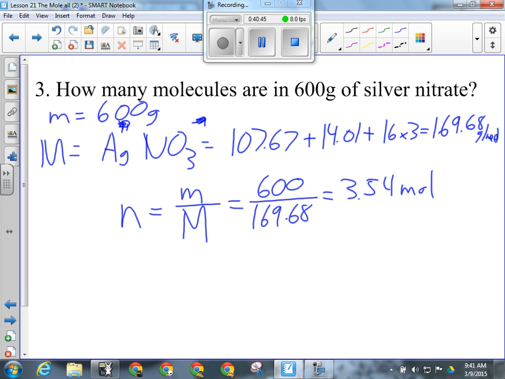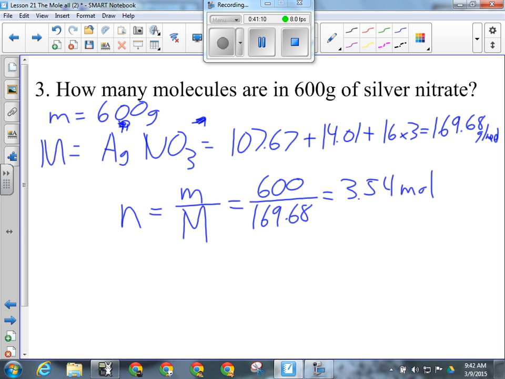Remembering that Avogadro's number tells me what? Avogadro's number tells me how many particles are in a mole. It applies to everything. For every single material you could possibly imagine, there are 6.02 times 10 to the 23 particles in 1 mole.